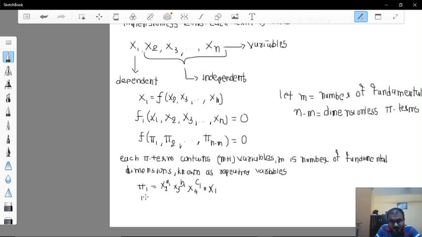Then pi 2 is equal to x2 raised to a2 into x3 raised to b2 into x4 raised to c2 into x5.